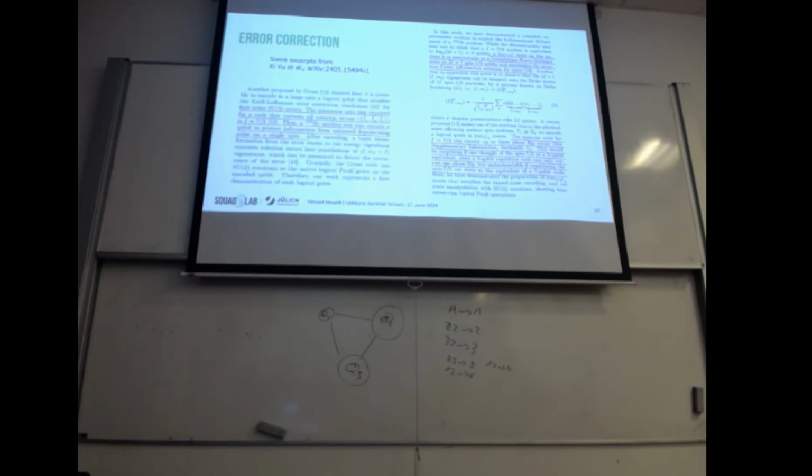Another idea is that you correct for rotation errors. For this, the minimum size you need is a spin 7/2.